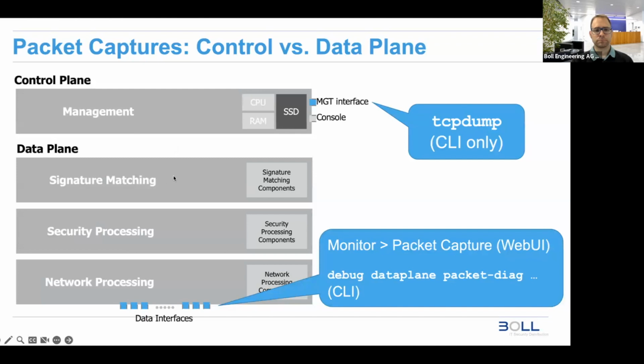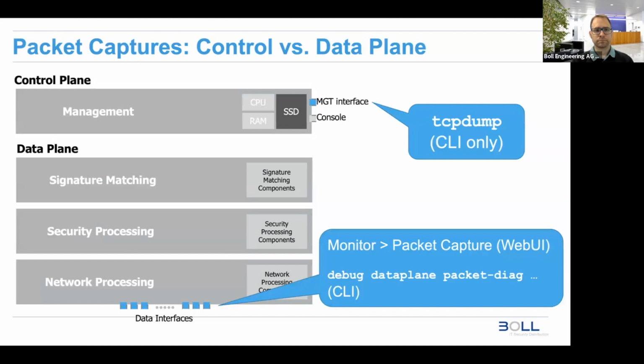You know, the Palo Alto Networks firewall is built up with the control plane for the management traffic. The management interface is connected here. And for the data, we have the data plane with the data interfaces for processing the productive or transit traffic, as we call it, which arrives at the firewall and leaves the firewall.